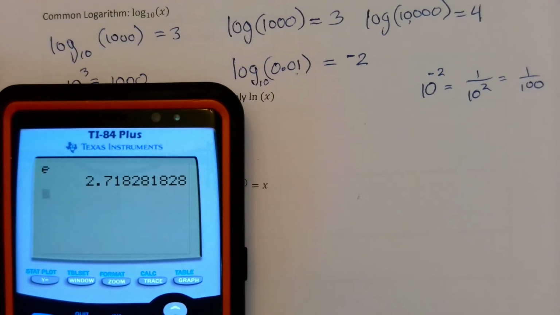It doesn't really stop there. It can't be written down as a decimal. It's an incredibly important number in mathematics, especially for modeling exponential growth and decay. And so it's a base that gets used a lot, both in exponentials and in logarithms. Base e. Don't forget, e is approximately 2.72.